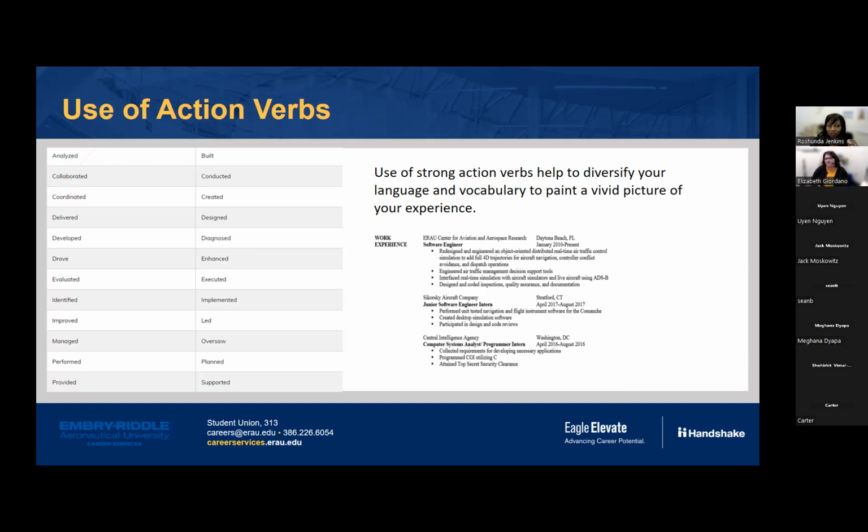These are just some of the examples that we've included here. If you've analyzed, if you've collaborated, if you've coordinated, those are things you can include on your resume to start off that statement and really paint a clear picture of what you have done. We'll actually send this action verb list out because it is extremely helpful, especially if you're struggling with including the different descriptions of what you've done. So we'll make sure we send that out to all of our attendees today.